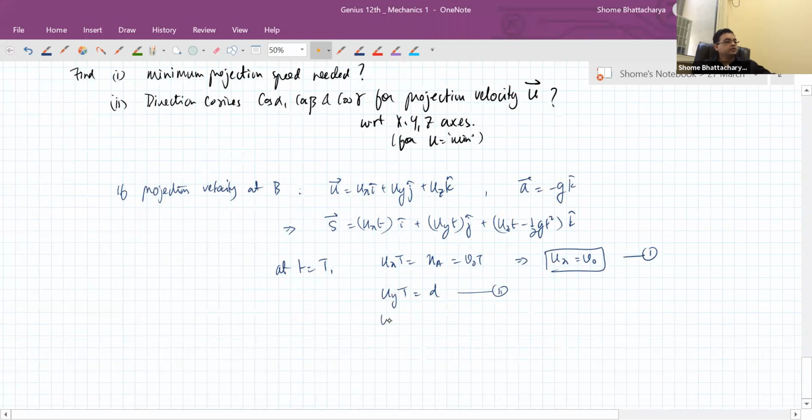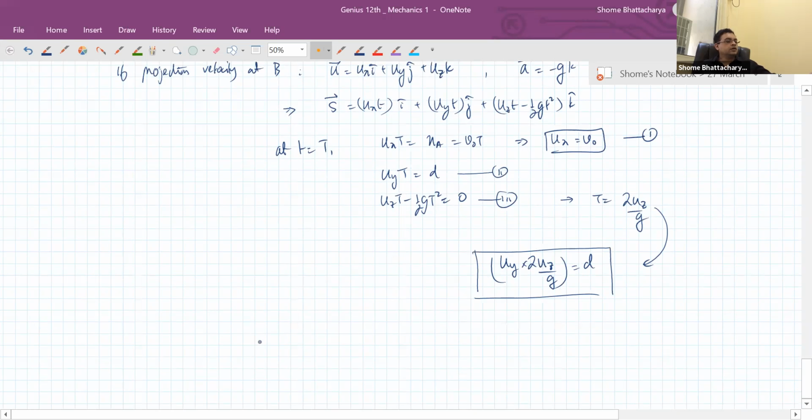Okay. And uz into T minus half gT square should be 0. So T is equal to 2 times uz divided by g. So from that you can see that uy into 2uz divided by g should be equal to d.